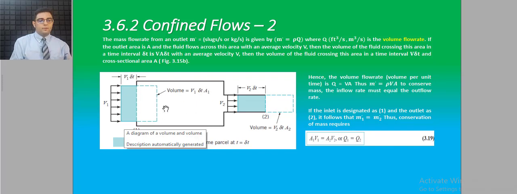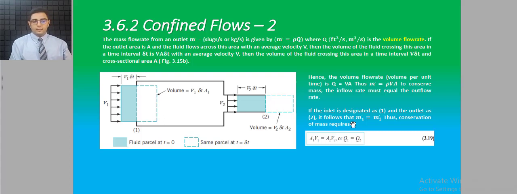This part is a volume flow rate. The mass flow rate itself is, as I told you, density multiplied by volume flow rate. We can write the mass flow rate as rho VA, which is density multiplied by velocity multiplied by the corresponding cross-sectional area.